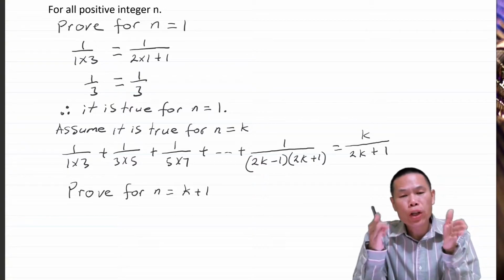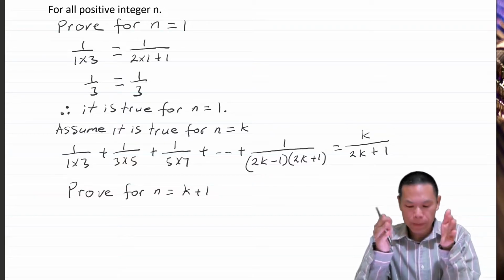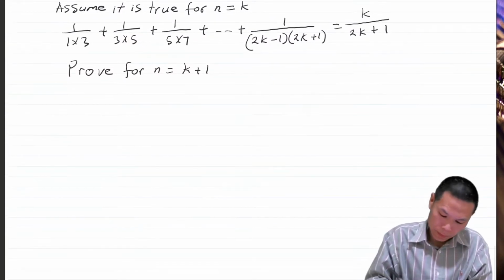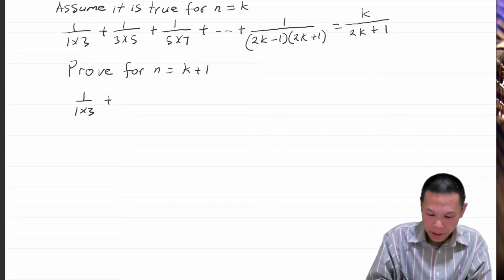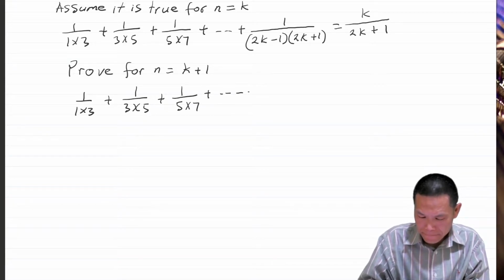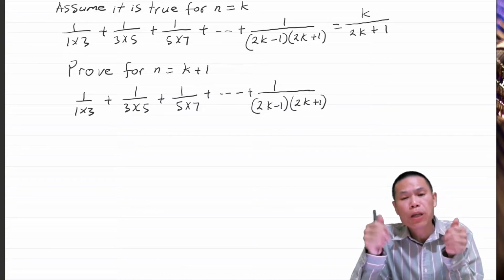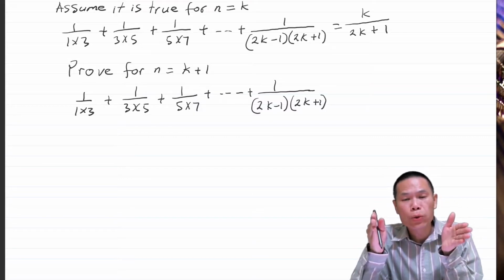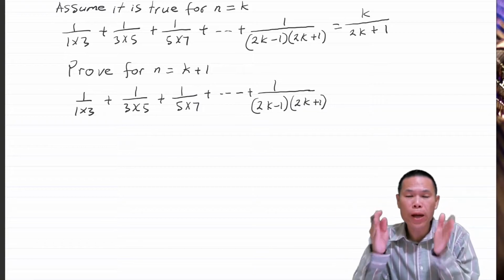So this means that on the left hand side, we need to write all the ways to k plus 1. So that is 1 over 1 times 3 plus 1 over 3 times 5. So this is up to k terms, but we need to write all the way to k plus 1 terms. So we need to write 1 term extra. That is when n equal k plus 1.